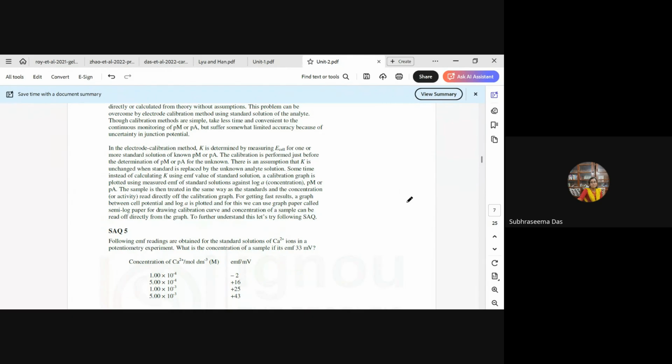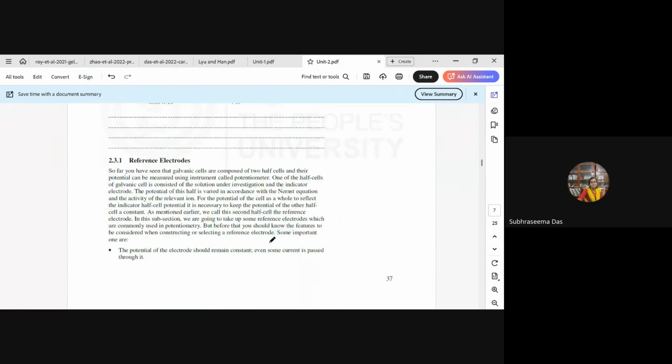The calibration plot is important because when we calibrate the instrument, it helps in the determination of the K value that is essential for knowing the pM or the pA.